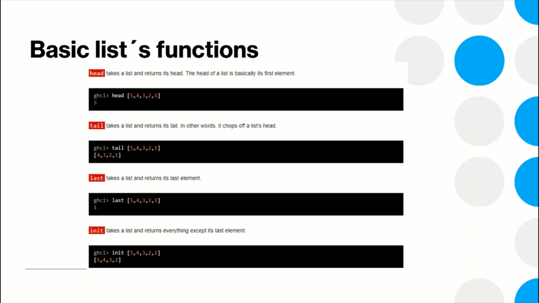The last function is the same as the head, but it returns the last element of the list. So in the list 5, 4, 3, 2, 1, it returns the value 1. And the init function is like the tail function, but gives us all the initial values except the last one.